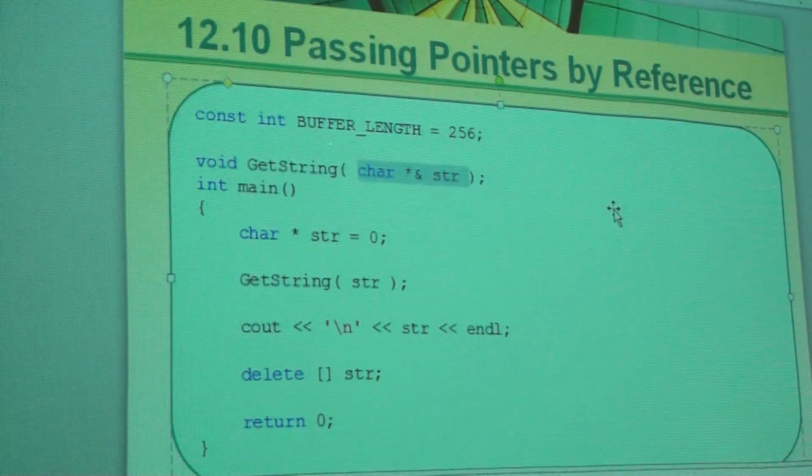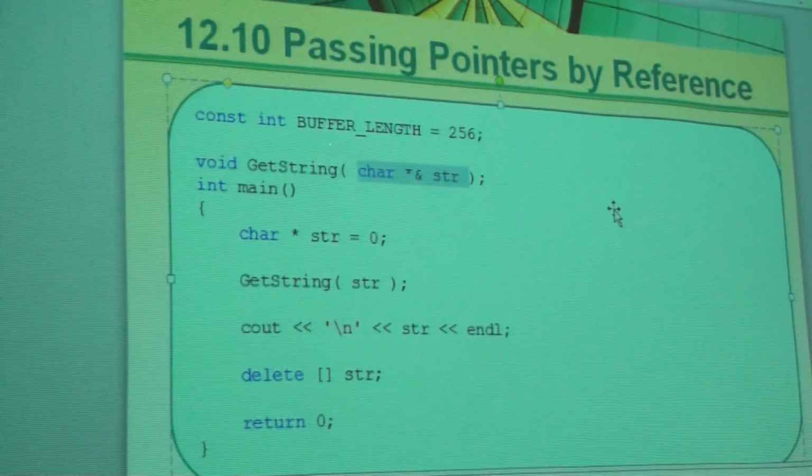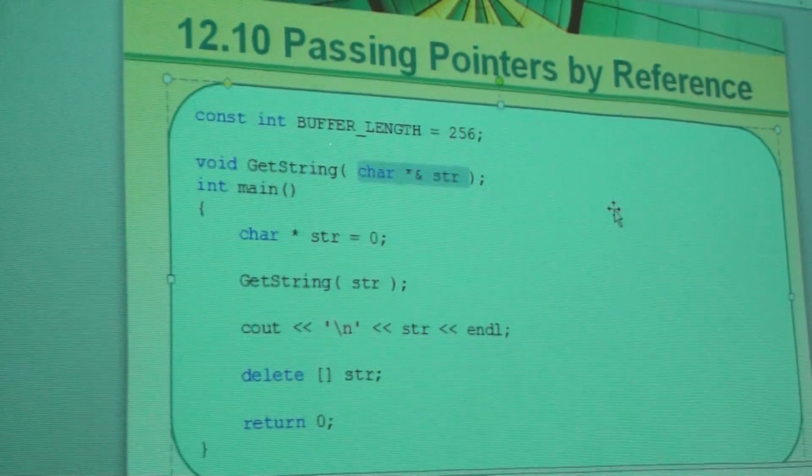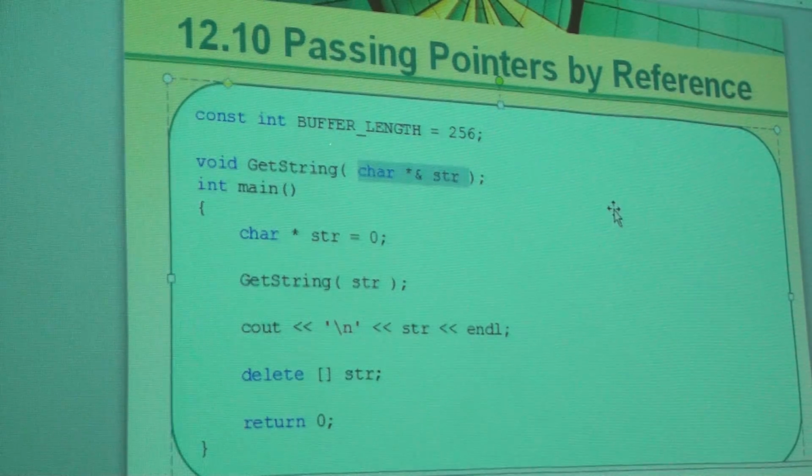What is the data type of str? It's a pointer to a... It's got all kinds of special symbols in front of the word, doesn't it? Which maybe makes it a little confusing.